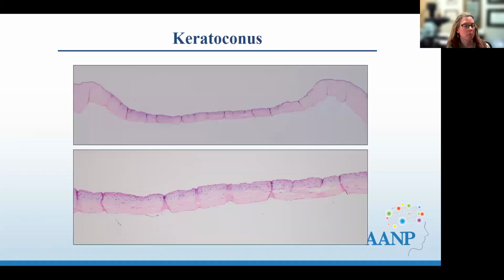So when you look at your slide, even without looking under the microscope, a 1x view of the slide, you can see that it's going to be keratoconus because the edges are very thick, the middle is very thin, and it's very hard to get these on the slide without there being a lot of folds within the specimen itself. So with this type of look, you know it's going to be keratoconus.